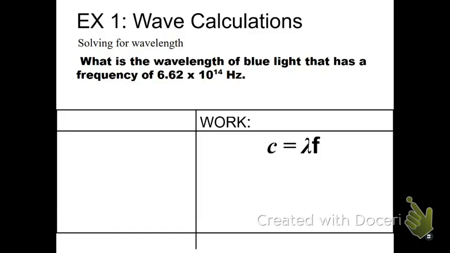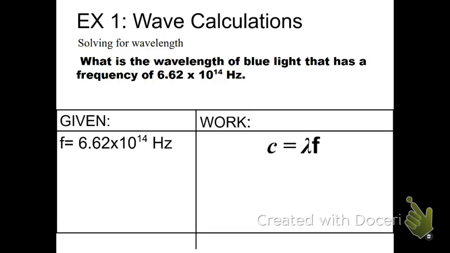Now, if you are somebody who struggles with math, I cannot overemphasize the importance of writing down your givens, okay? So we're going to write in here. Our first given is the frequency, which was given to us in the problem, is equal to 6.62 times 10 to the 14. So you should be writing these on your paper.